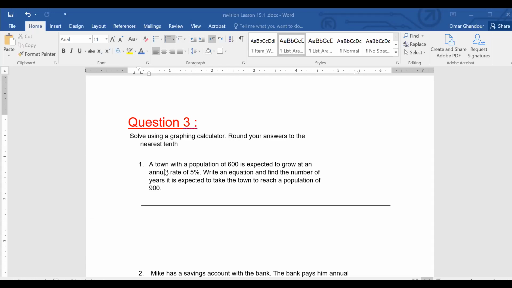Okay, let's read the question. A town with a population of 600 is expected to grow. What is the 600? Didn't we say before? You remember in the second lesson, which we are using in here actually, we have two kinds of exponential equation: the growth equation, or the growth model, or the decaying model. You remember? Because actually we are using this in here.